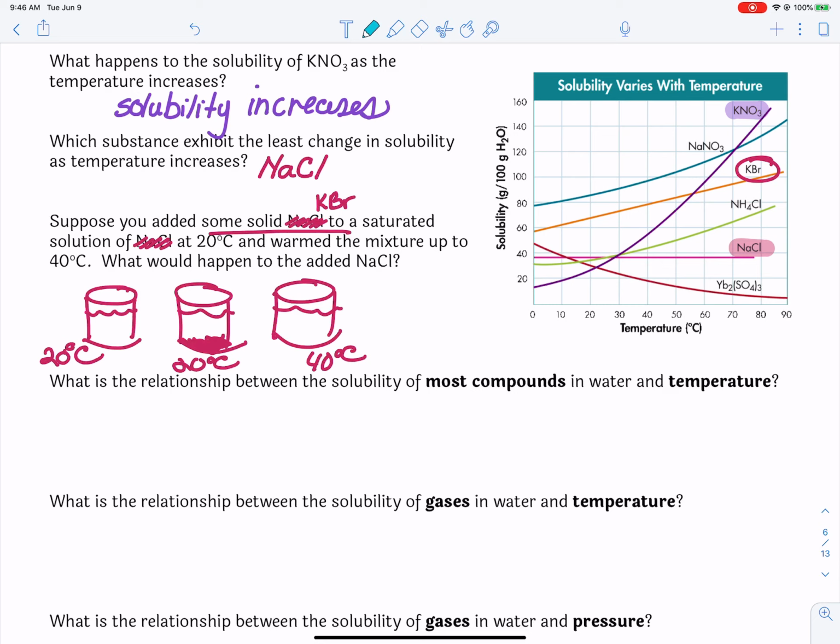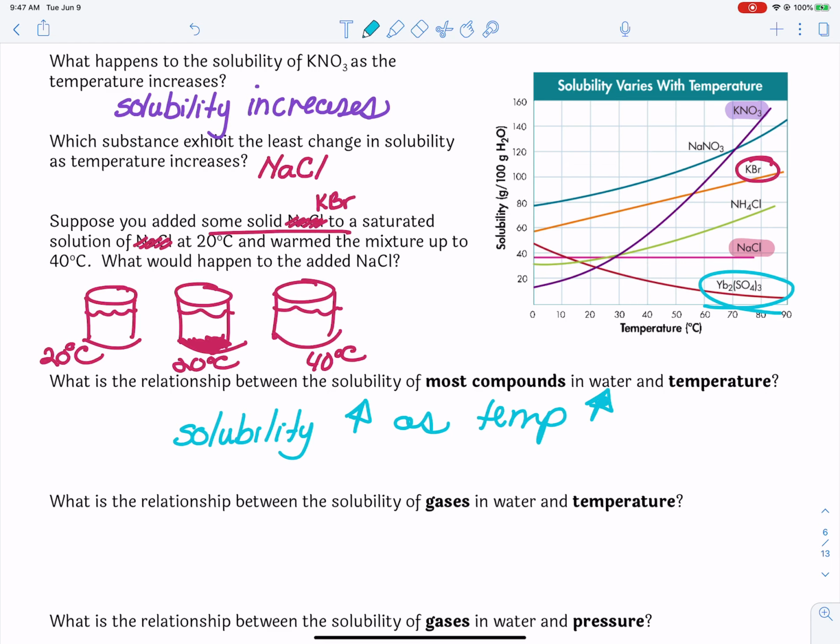And so you have seen this, I know, with dissolving things like sugar in tea and coffee your whole life. But of course, the solubility increases as the temperature increases. Right? And that's not true for every compound. You can see this Yb, ytterbium, probably. Ytterbium sulfate there actually decreases, but for the most part, the solubility increases as temperature increases.